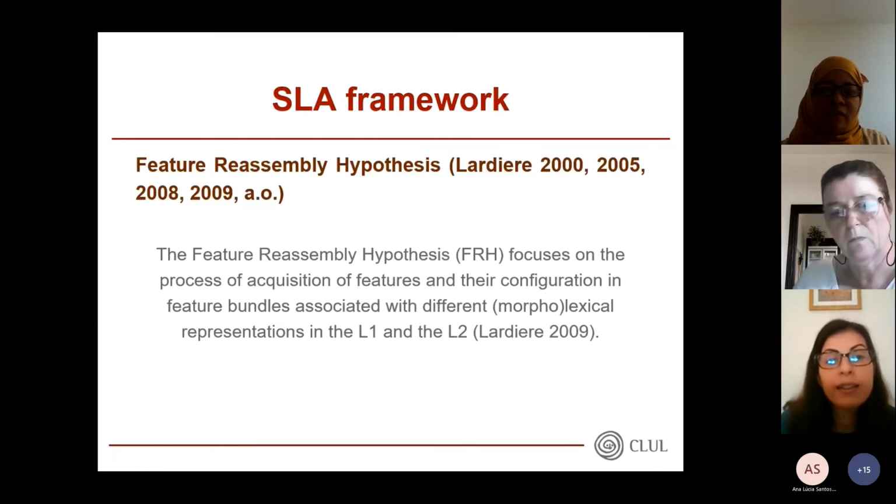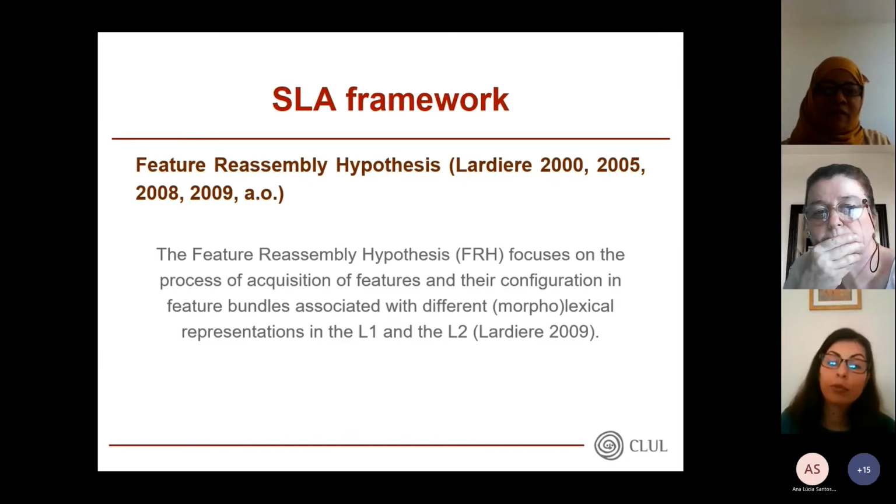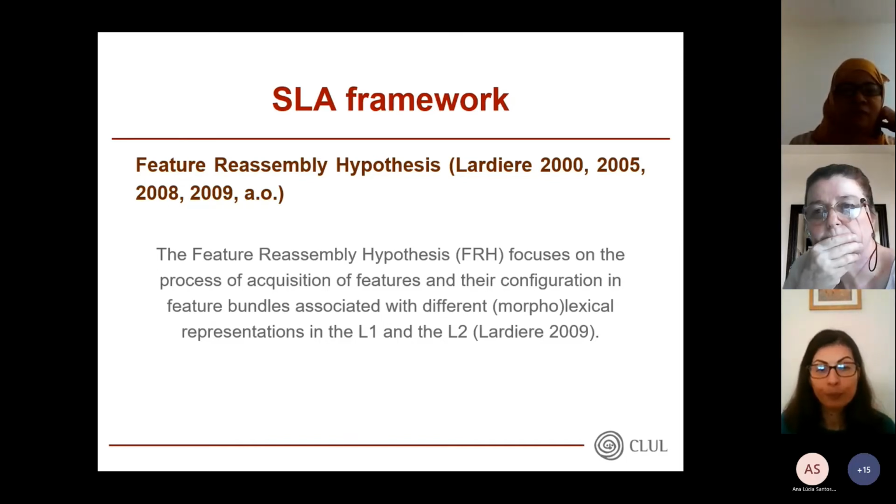Now, regarding the SLA framework that we follow in this study, we follow the feature reassembly hypothesis as proposed by Lardiere. And this hypothesis focuses on the process of acquisition of features and their configuration in feature bundles associated with different morpholexical representations in the L1 and the L2.